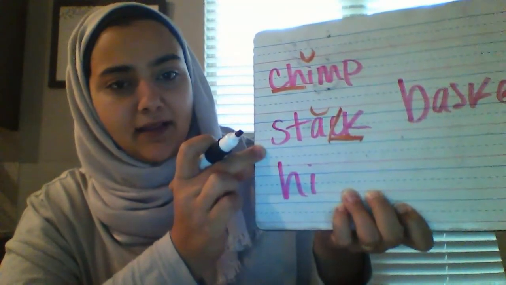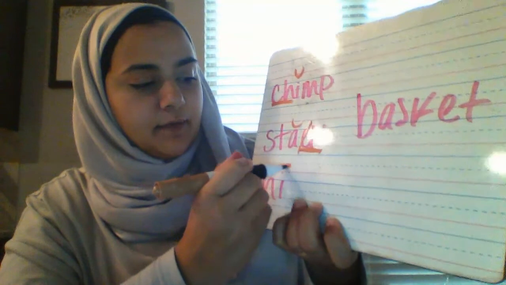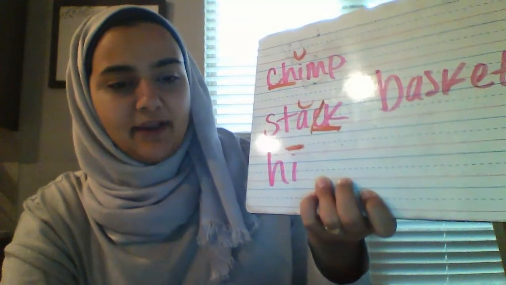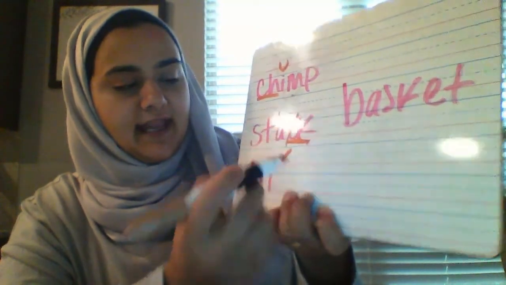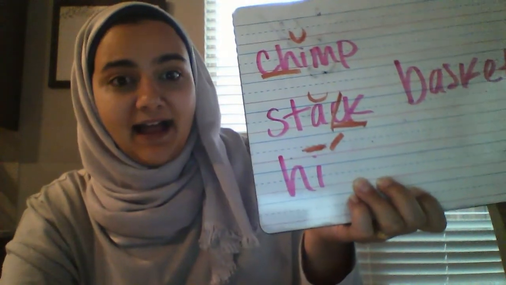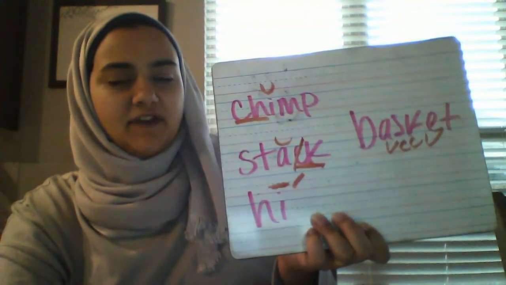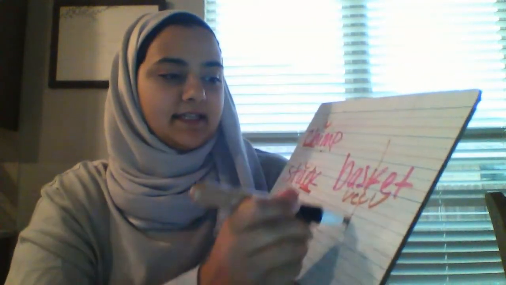Say stack. Very good. How about this word? It has a long vowel sound, so it needs a macron, and then an accent at the end because you say hi, so the I is loud. All right, how about basket? That's a VCCV word. You have to put the division line between the two consonants.